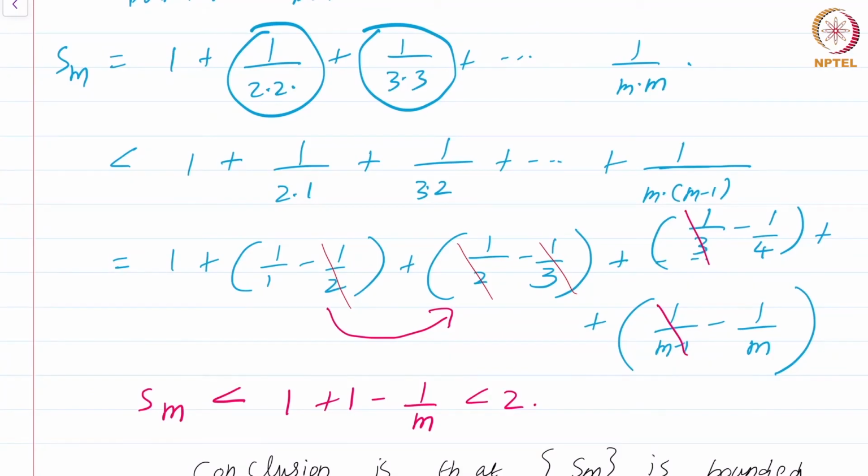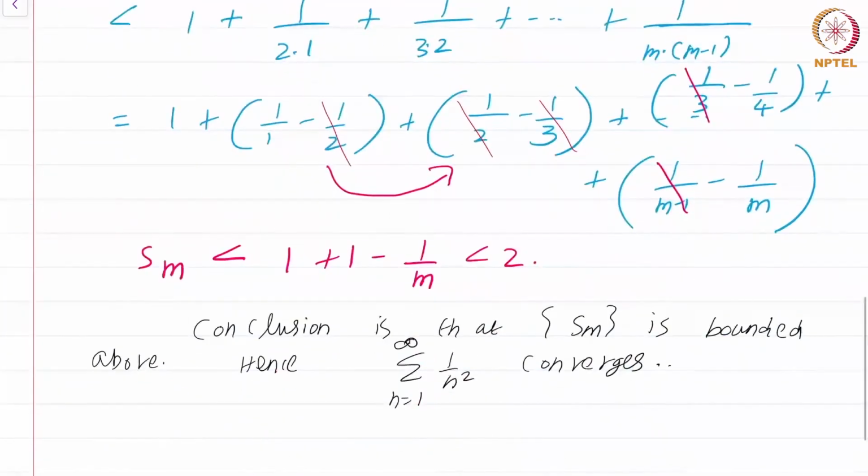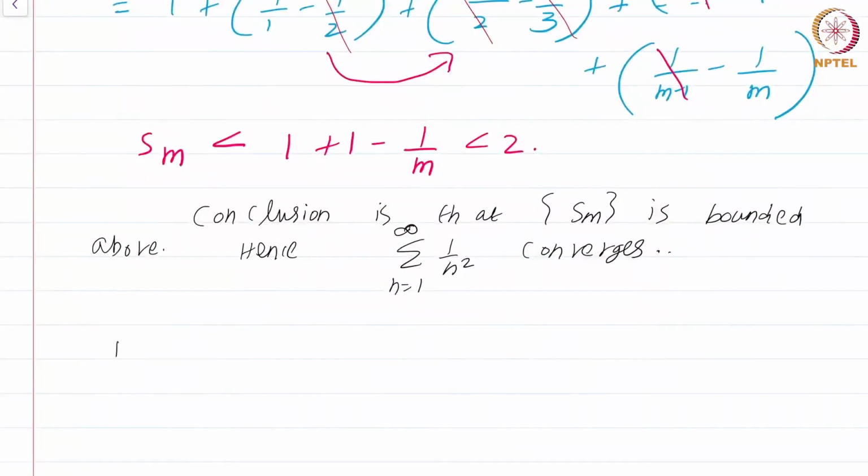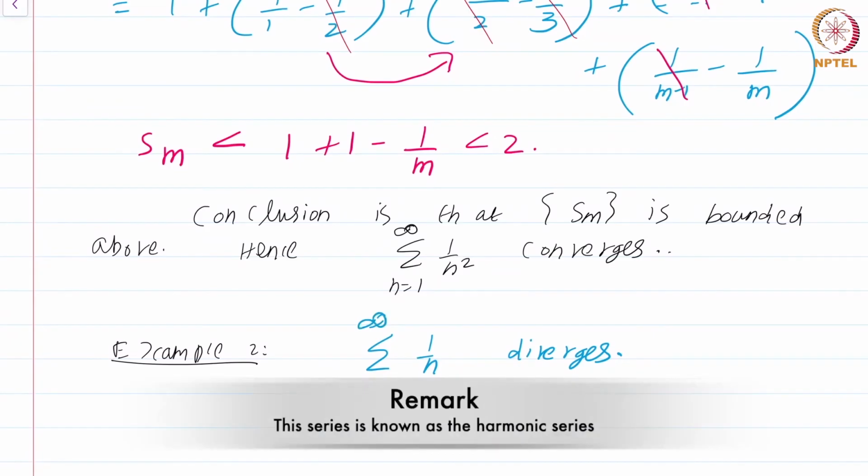So all these remarks are just an excuse for me to give example 2, which will have similar manipulations. Example 2: summation 1 by n diverges. The series 1 by n squared converges, but the series 1 by n diverges.